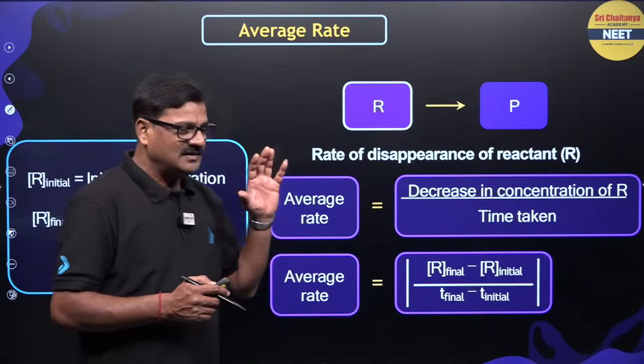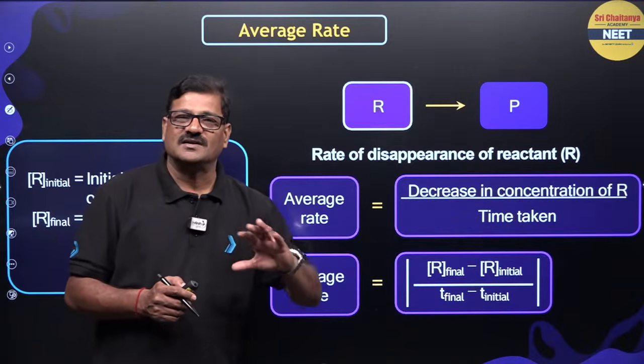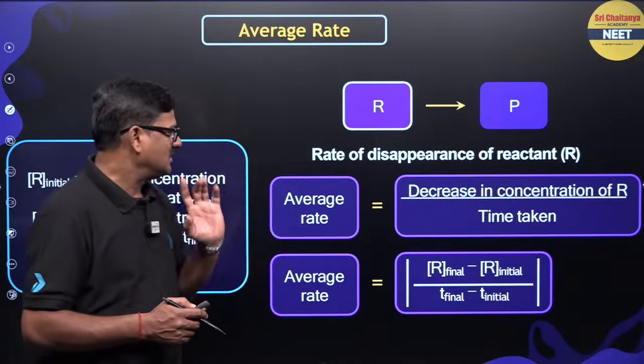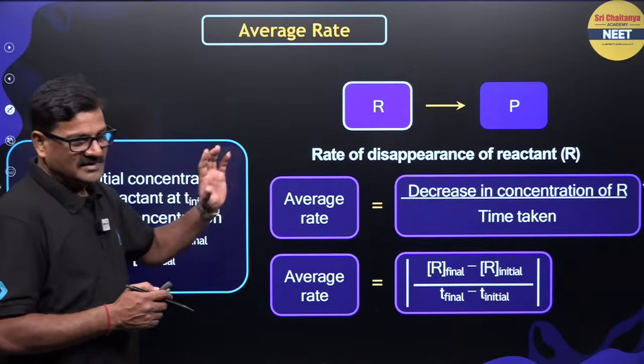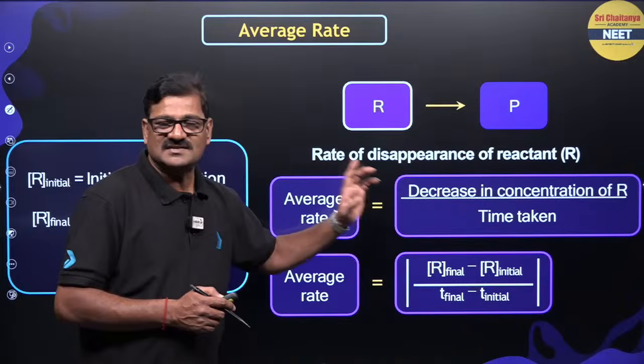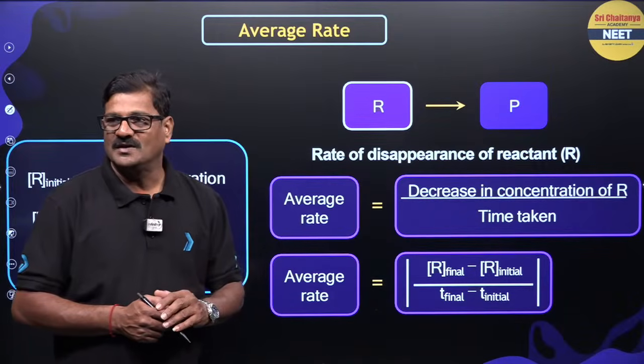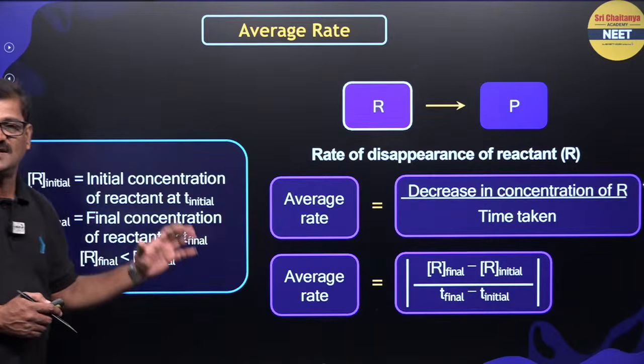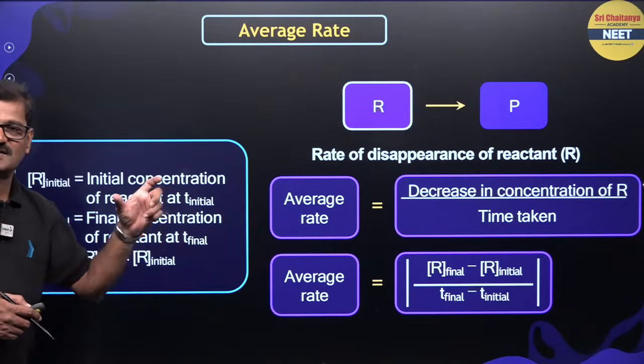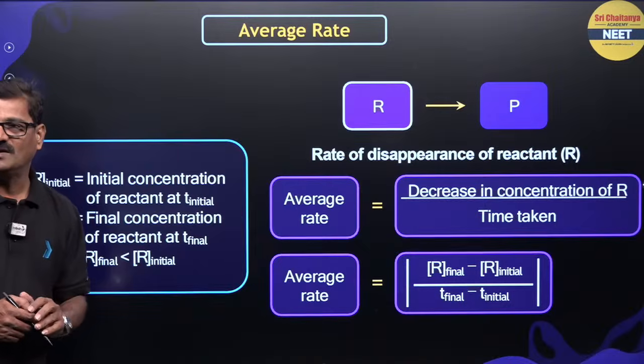If the reactant gives rise to the product, in terms of the reactant there is a decrease in the concentration of reactant upon time taken for it. That is, average rate means the rate of a reaction at a given interval of time.